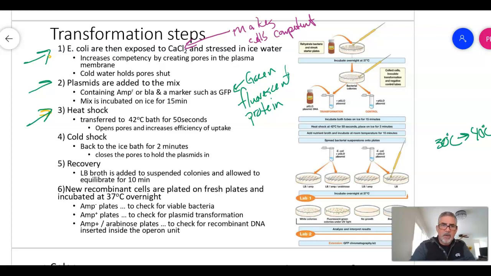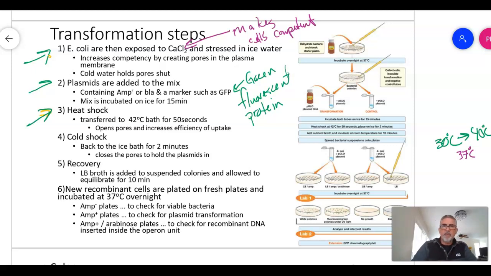And then the sweet spot for E. coli is 37 degrees Celsius. So after 40, they start to die, and below 30, they just stop replicating. Okay, but 37 is kind of the sweet spot for them.